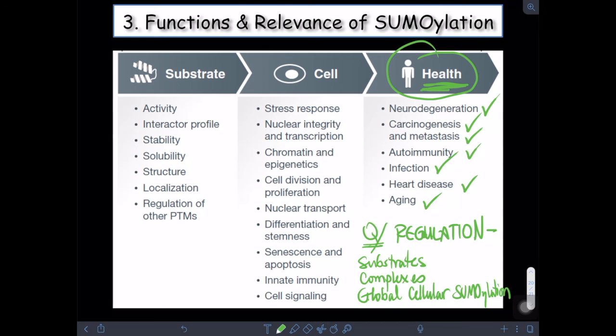And with this, we finish our introduction to cellular SUMOylation.